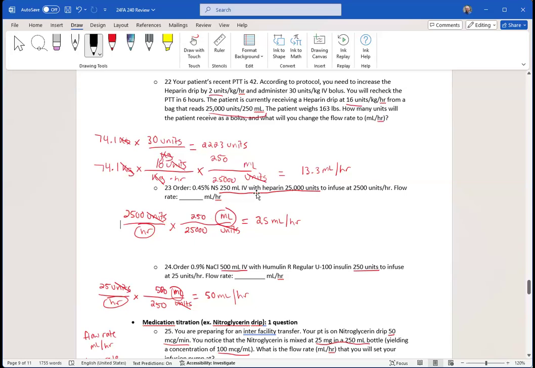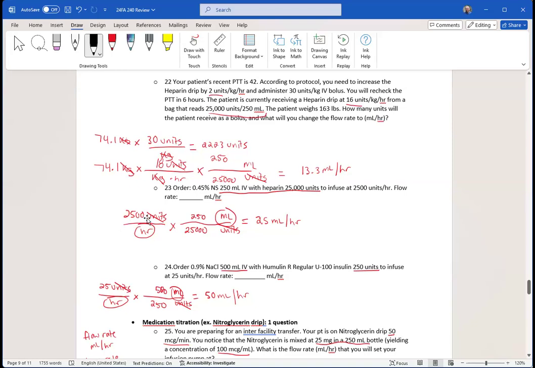So this question here, these two questions are more heparin infusion type questions. All they're asking you to do is to convert the units per hour flow rate to the milliliters per hour flow rate. And so you can see what I did. You could do this any way you want, but I choose to start with the flow rate that they give me.